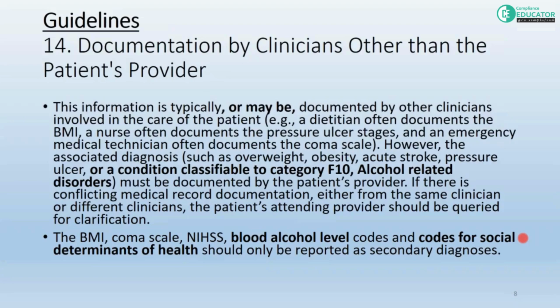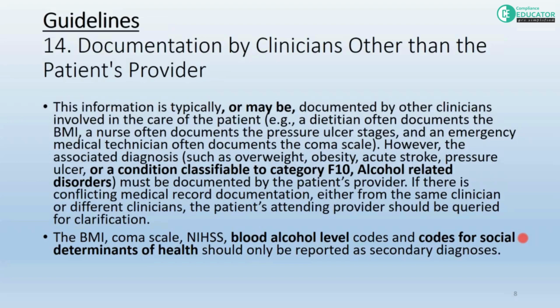And then there's the addition of this alcohol-related disorder, this F10, as they're adding this into this group of conditions. It can be documented by other clinicians, but only to a certain point.